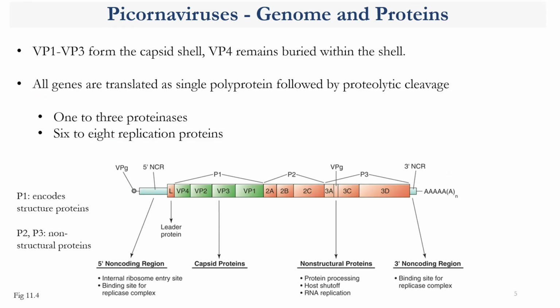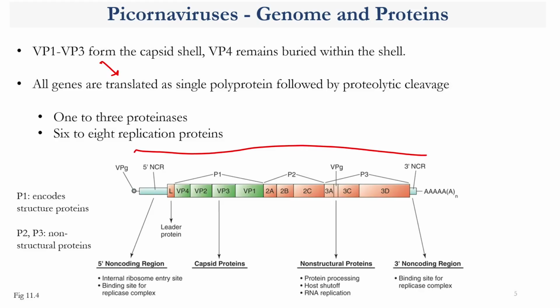All right, so your VP1 to 3, they will form the capsid shell, and VP4, it actually remains buried within that shell, okay? So it'll be towards the inside of the shell as well, okay? Then you translate these genes as a single polypeptide, okay?